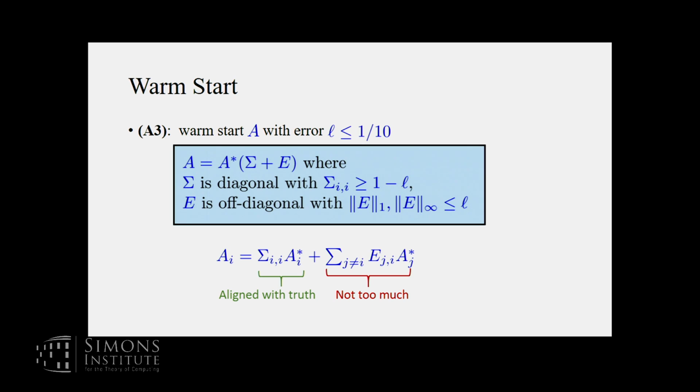To parse what this means, let's look at a column of A. If you expand this out, it's a combination of the corresponding ground truth column we want, A_i star, and some components from other columns in A star.